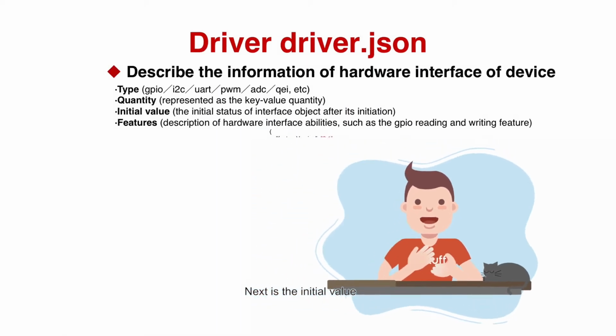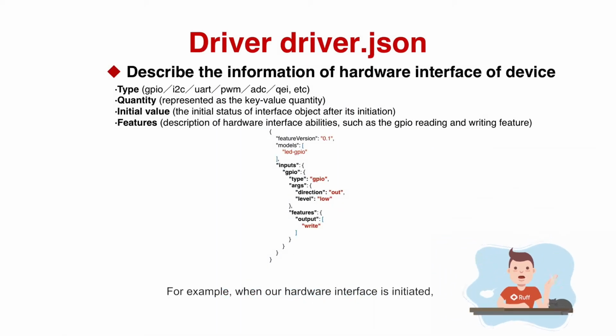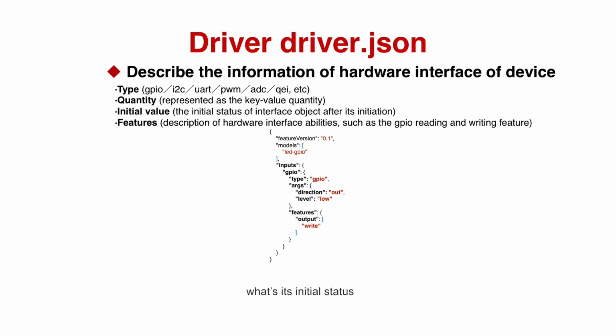Next is the initial value. For example, when our hardware interface is initiated, what's its initial status? And when we apply for a GPIO interface, after its initiation, does this GPIO interface output externally a high level or a low level? That's a status describing the interface after its initiation.